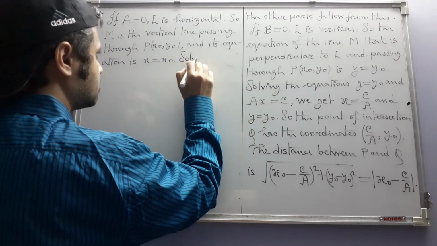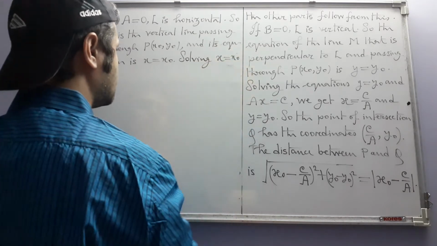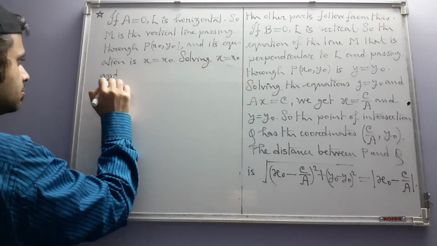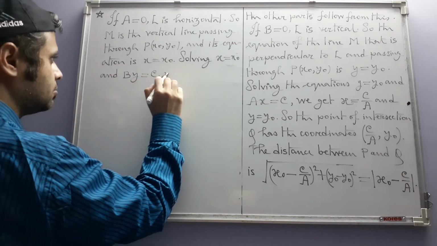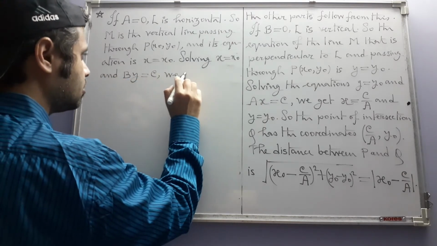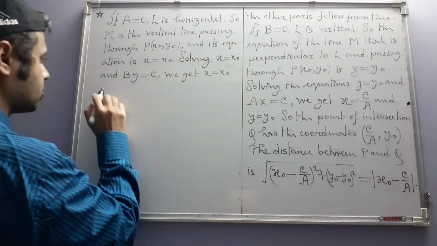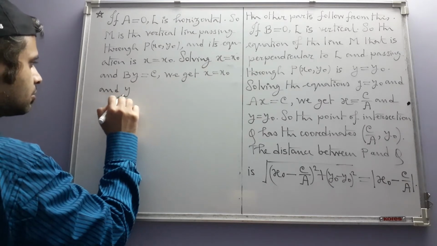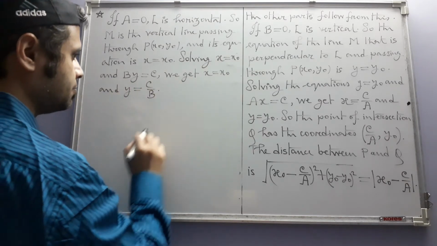Solving x equal to x naught and by equal to c, we get x equal to x naught and y is equal to c divided by b.